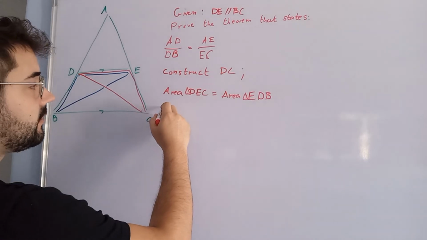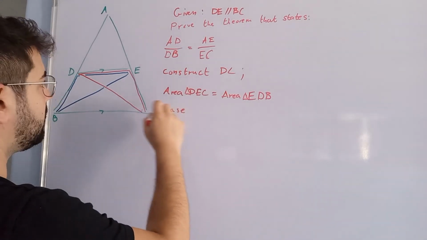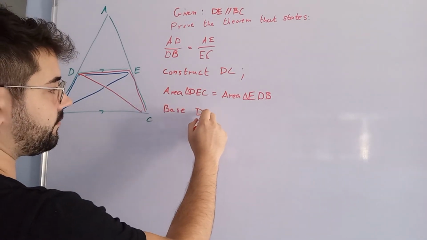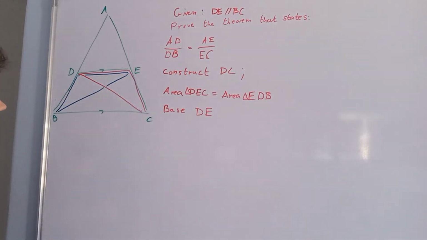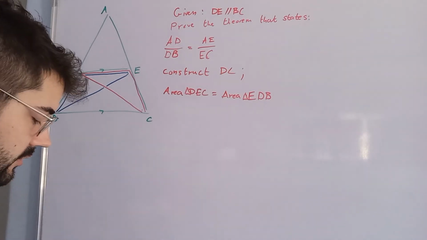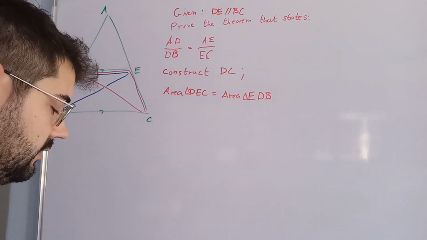The base is DE, and they have this common height because they're between parallel lines. We're just going to give our reason here, and we don't really need to break it down.